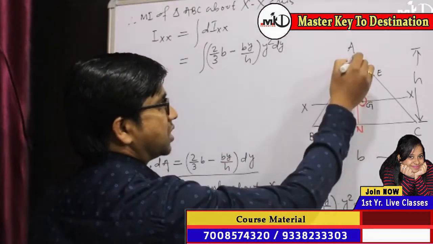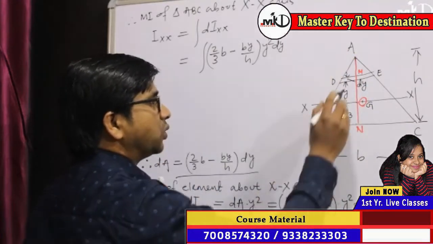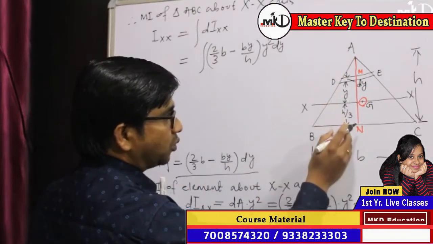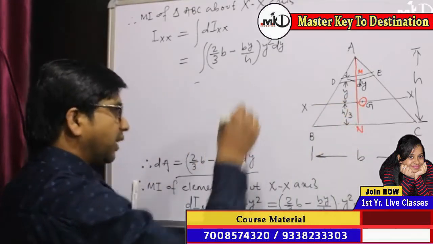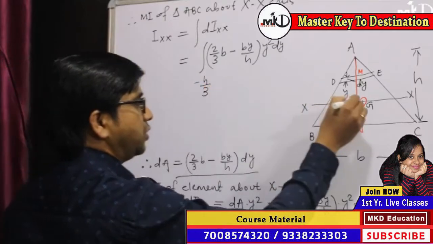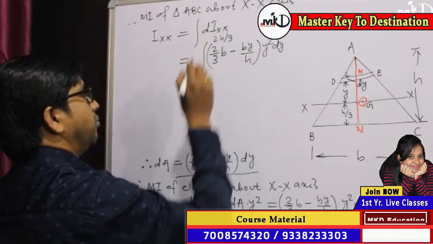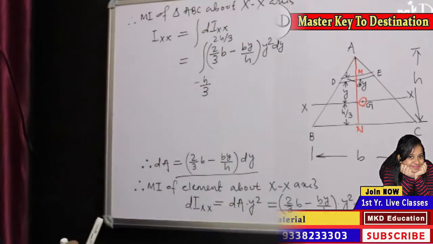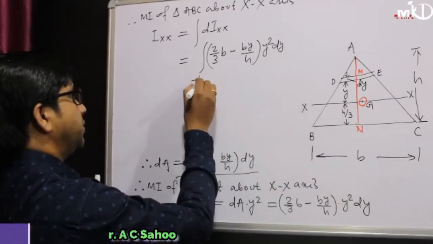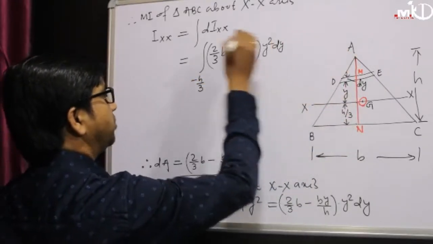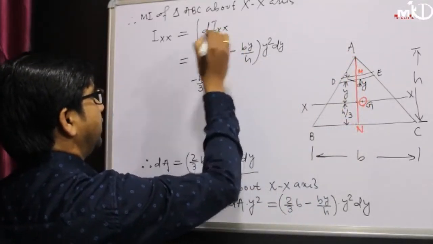From A to the base the distance is h by 3, and from A upward the distance is 2h by 3. So the limit of y is from -h by 3 to 2h by 3, the total being h.